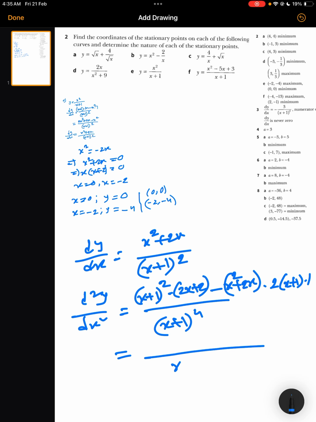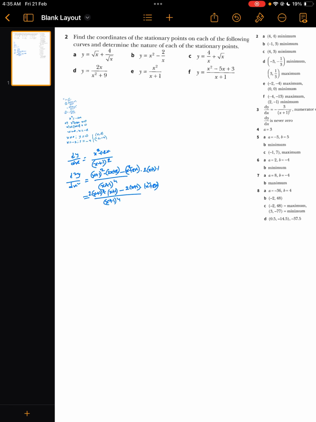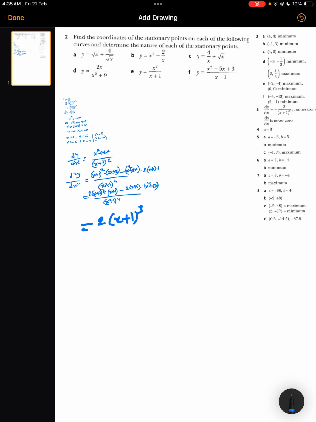Now we can write it down this way: 2 times (x plus 1) to the power cube, minus 2 times (x plus 1)(x squared plus 2x).